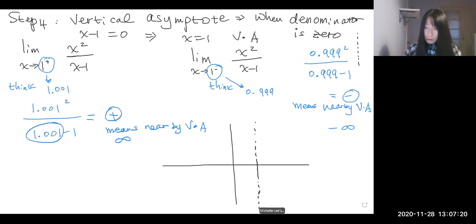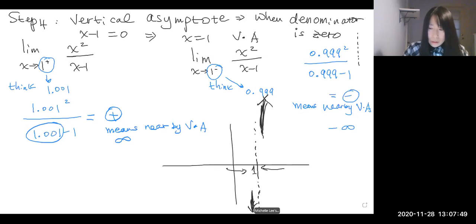We don't know how it looks yet, but from the right, something goes to positive, right? From the left, something goes to negative, like that, right? Let me erase this one.